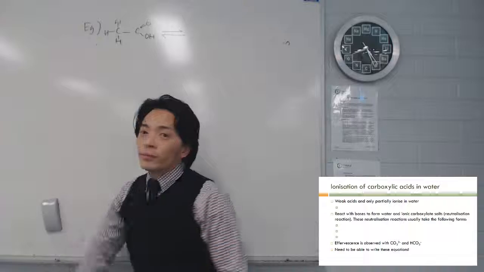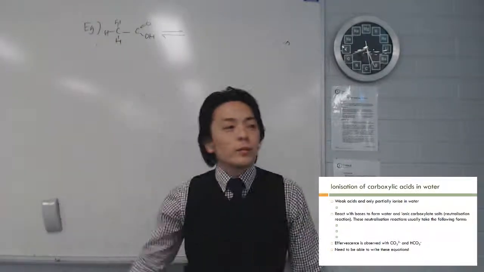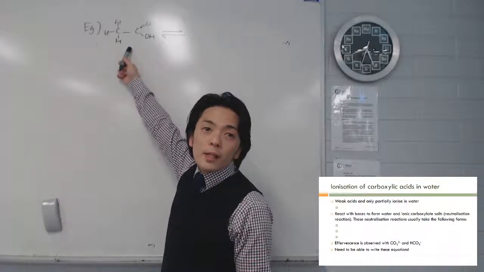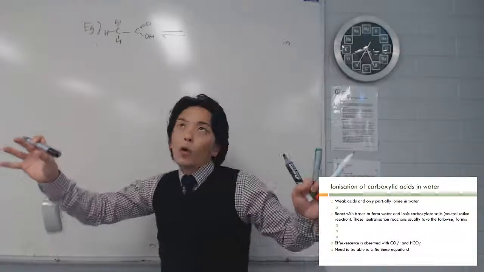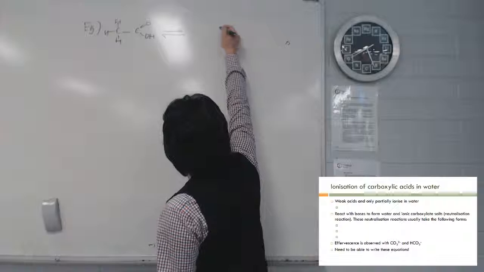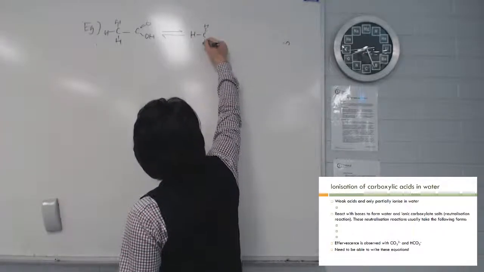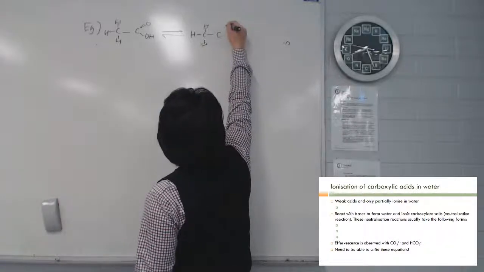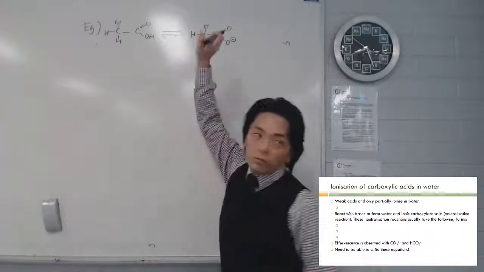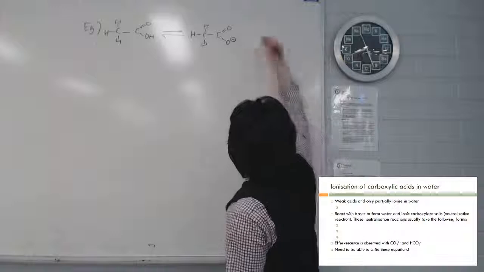Now in water, it would be partially ionized, okay? Some would still be staying as carboxylic acid, but some would be donating a proton to water, okay? Oxygen is minus, so that's a permanent charge.